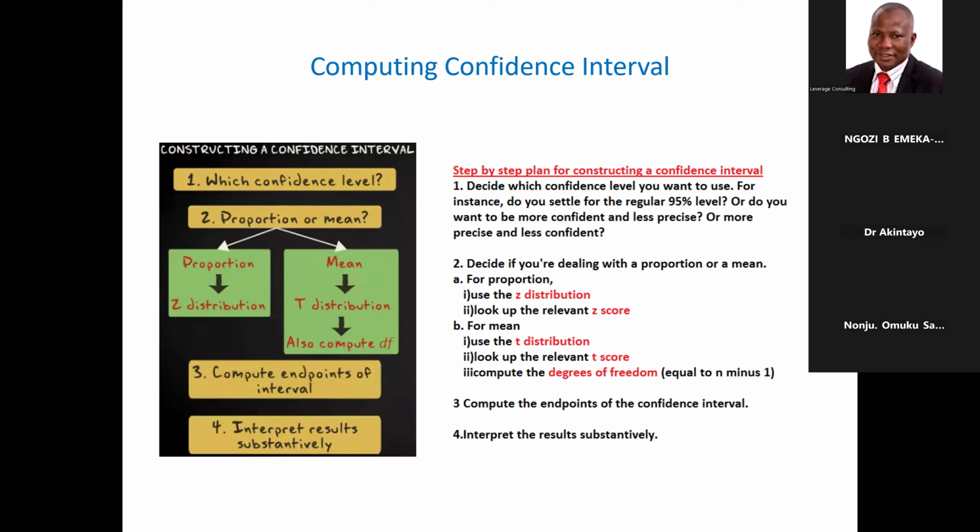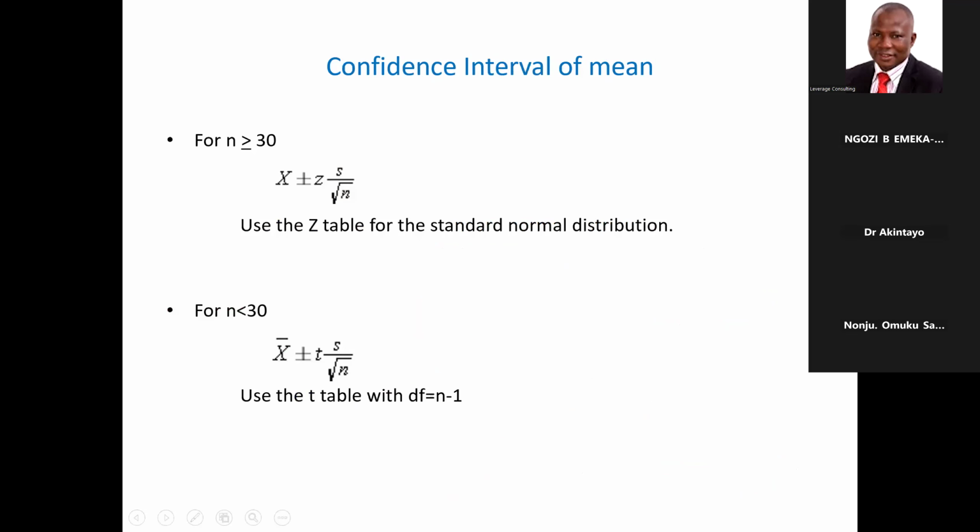I think we have talked about degrees of freedom before. When we get to the T distribution, we'll talk much more about this: when do you use Z, and when do you use T? We'll explain better when we get to this introduction to inferential statistics.